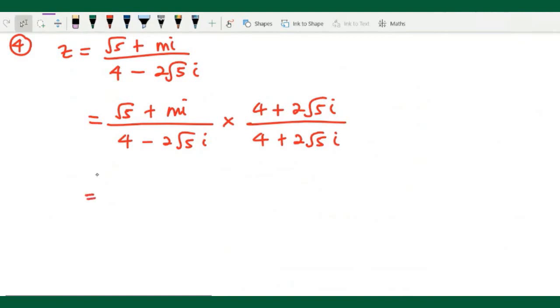Then kita kembanglah macam biasa. Okay, we end up having 4 set 5.